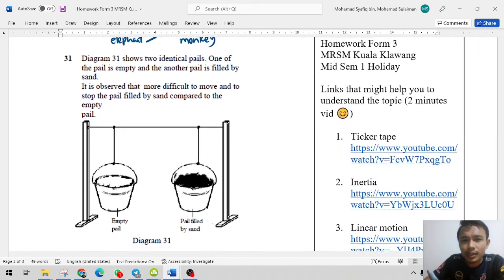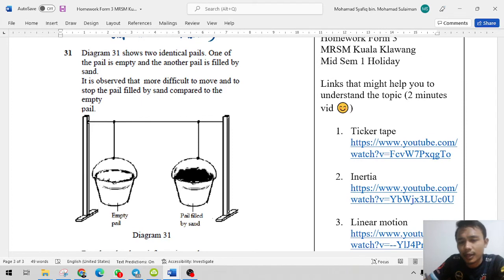And the last one, this will be something like a stimulus for an experiment, an inertia experiment, where we have an empty pail and a pail filled with sand. Okay, so the second one is harder to move and harder to stop.